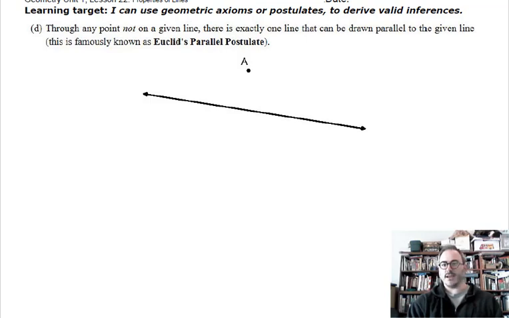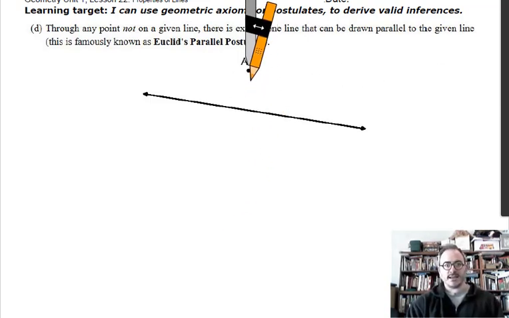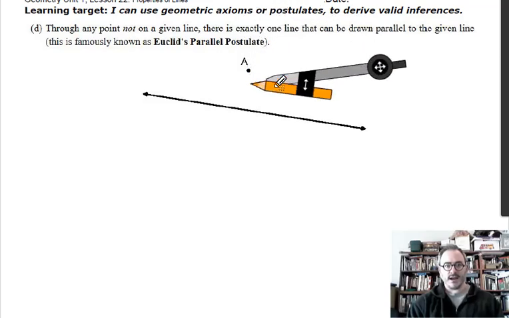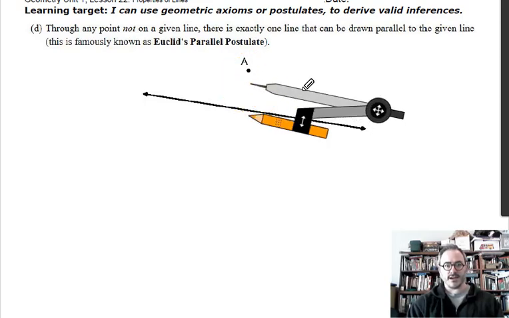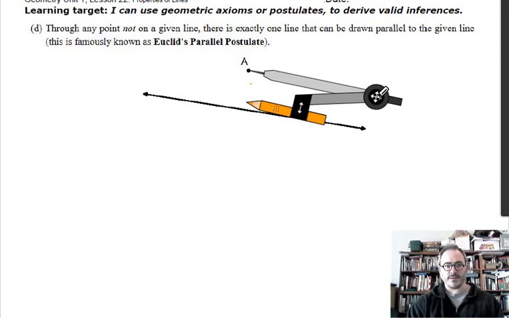Ooh, I didn't even know I had that tool. Here it is. All right, here's my compass. In order to draw a parallel line between A and this line here, I need to get my compass directly on point A.